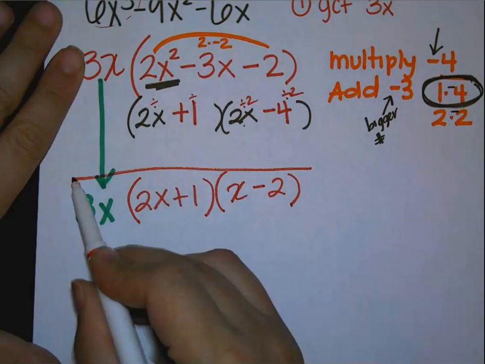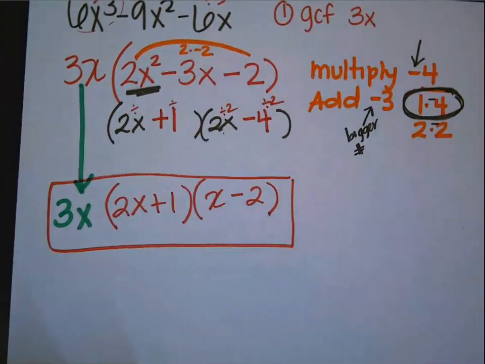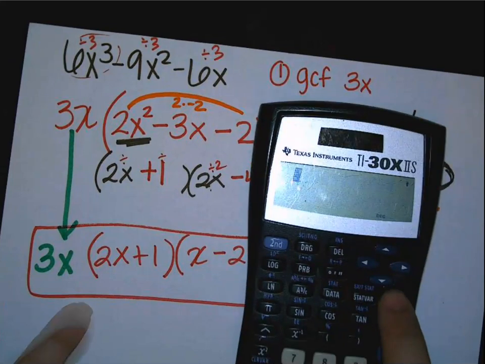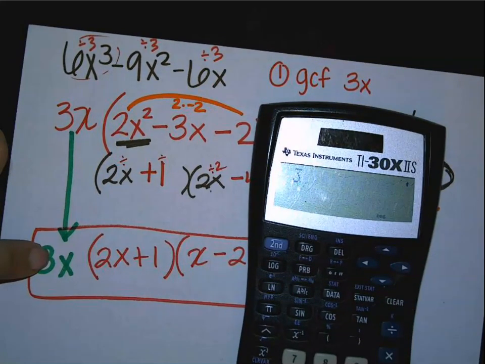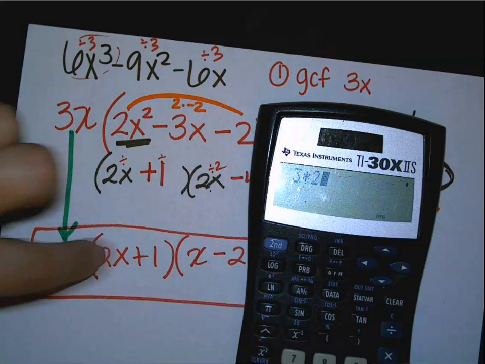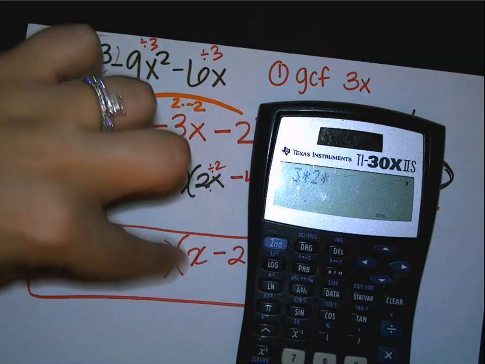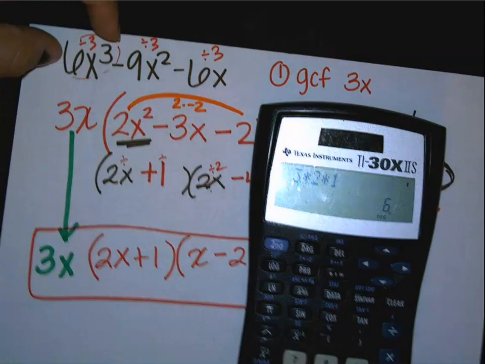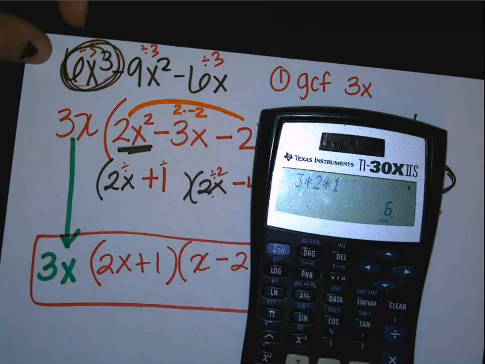And then if I want to make sure I feel good about my answer, this does not take too long, and it's so important. You take the 3 and multiply it with the 2, and then you multiply it with, there is no number here, so 1. And make sure you get this number that you started with there.